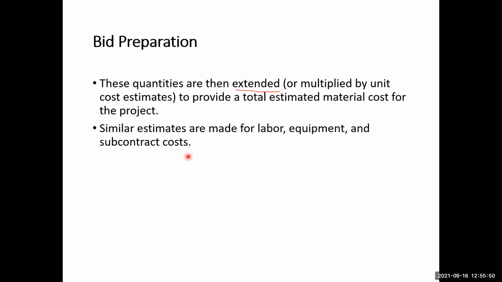Okay. Similar estimates are made for the labor, equipment, and subcontract costs. Okay. So remember that you are doing the capstone project. So at some point in time, you will have to do these kind of processes. But of course, you can also use some software, such as RS Means Online.